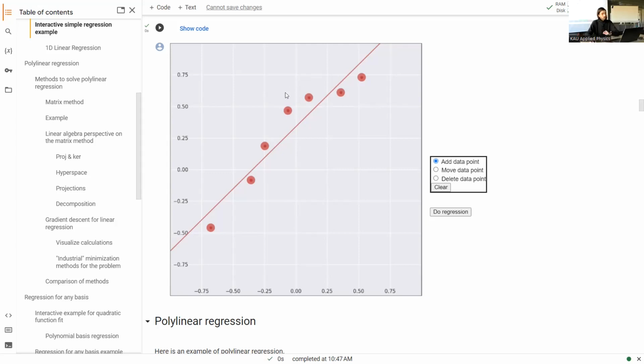Now I'm asking you a tricky question. What will happen if I take some point and make an outlier from that point? Can you predict the consequences of getting one outlier into our linear regression? And why will it happen that way?